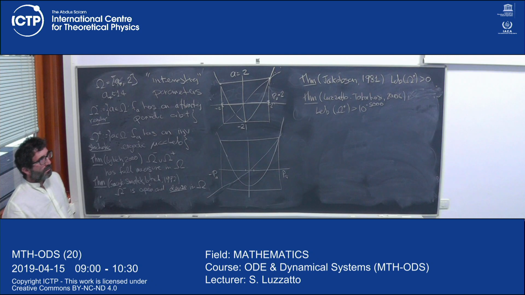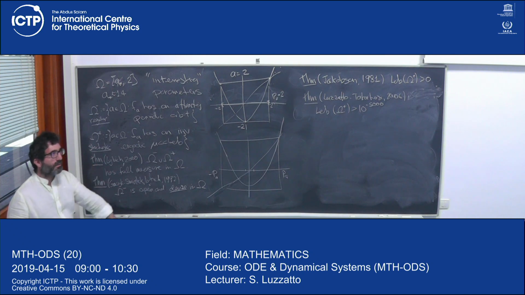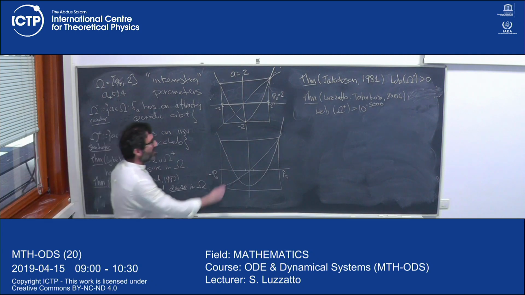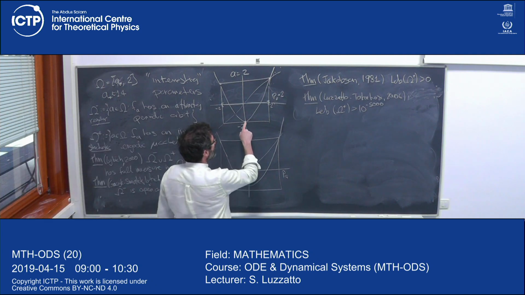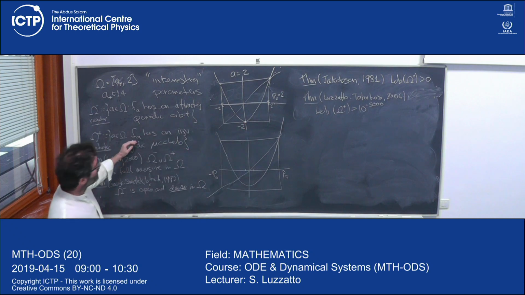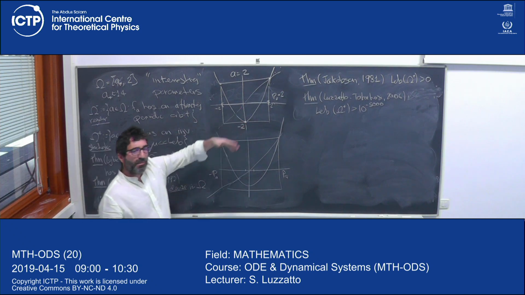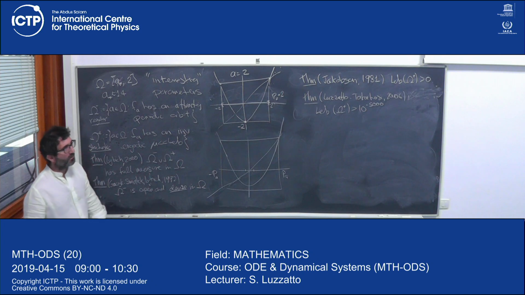And Jakobson's proof is really remarkable. In fact, when he proved it in 81, he was trying to prove the opposite. He was trying to prove that it has zero measure. He was a student of Sinai, and Sinai gave him this problem, which he did for his PhD. Said, prove that we know that this parameter is stochastic, we know that there are some other parameters, but show that essentially you cannot do it.